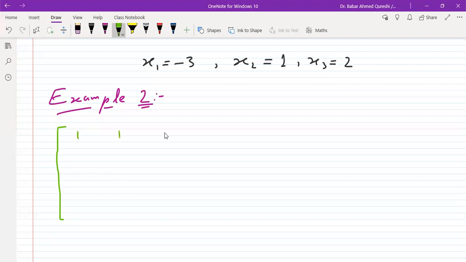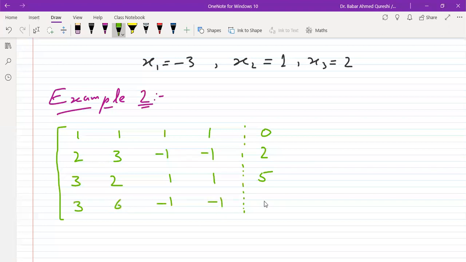And I have 4 variables and 4 equations. Zero, 2, 3, -1, -1, 2, 3, 2, 1, 1, 5. 3, 6, -1, -1, 4.